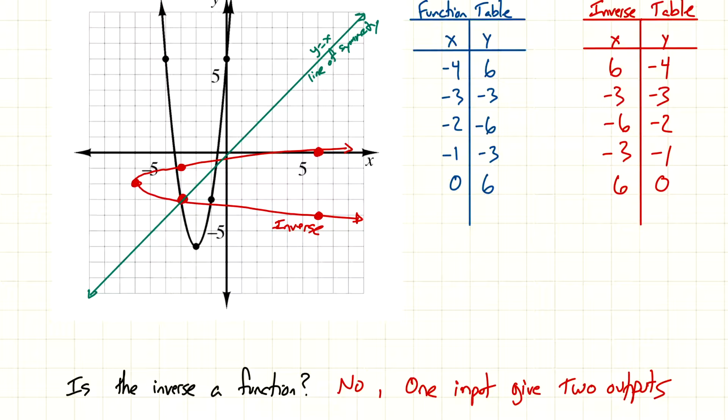Let me see if I can draw this. So if I only focus on half of a sleeping parabola, you should notice it looks very similar to one of the other functions, right? If I can ignore the bottom half of this sleeping parabola, you'll notice it looks exactly like the square root function.